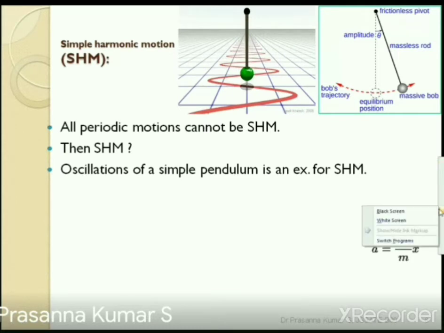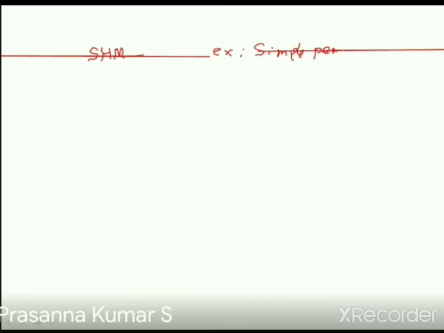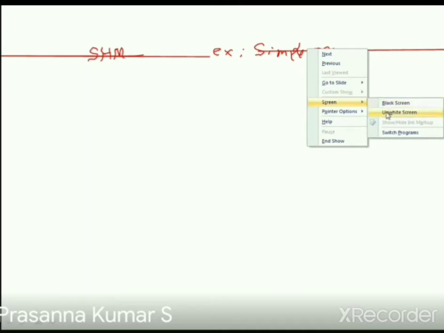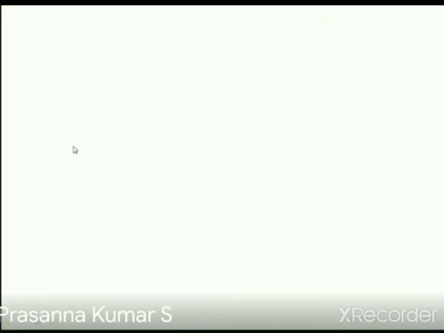I'll explain this. So the example I gave for simple harmonic motion is this one, the simple pendulum.